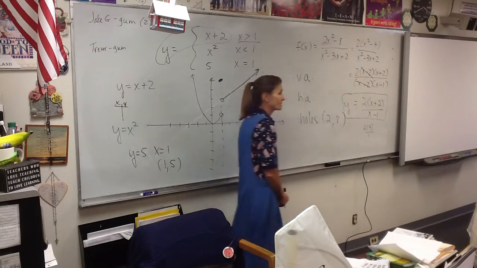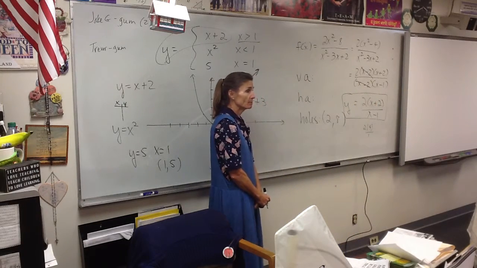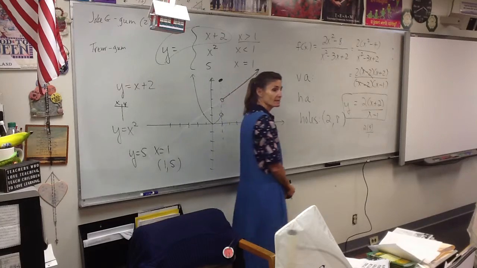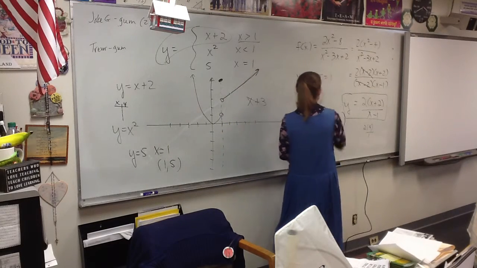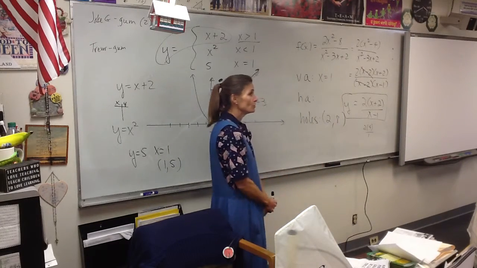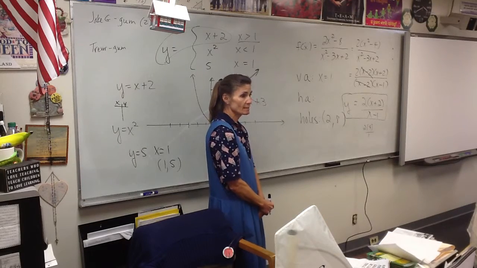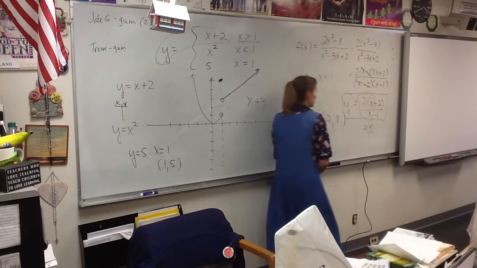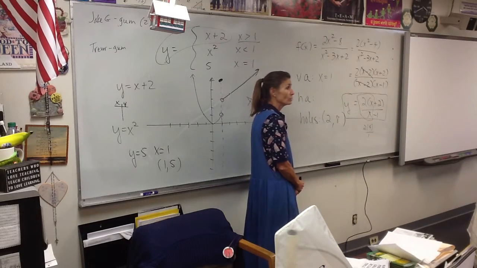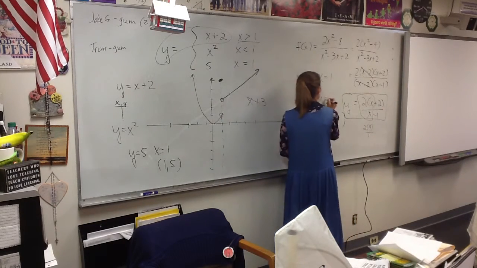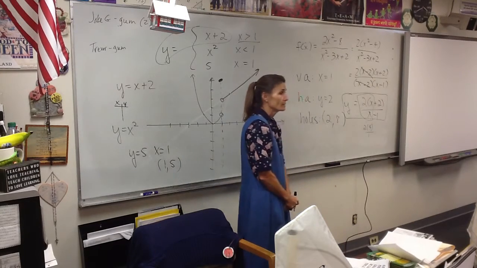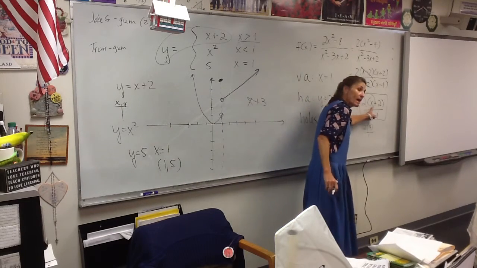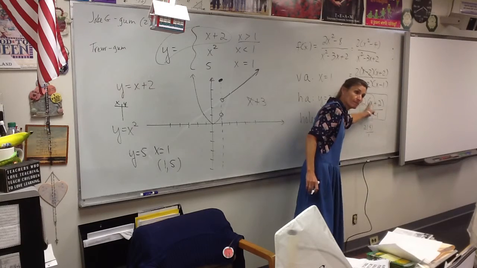Any vertical asymptotes? Yep. Where is it? X equals 1. Do you have a horizontal asymptote? Yes. It is y equals 2. That's a 2x. I haven't factored, but it's still a 2x over x.